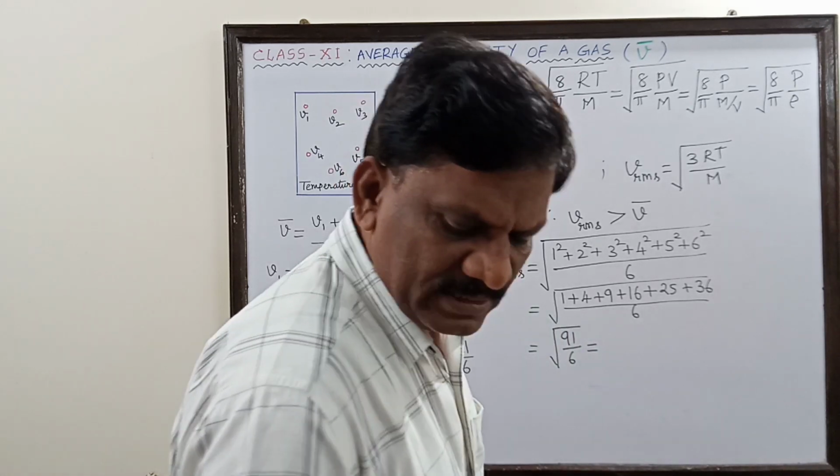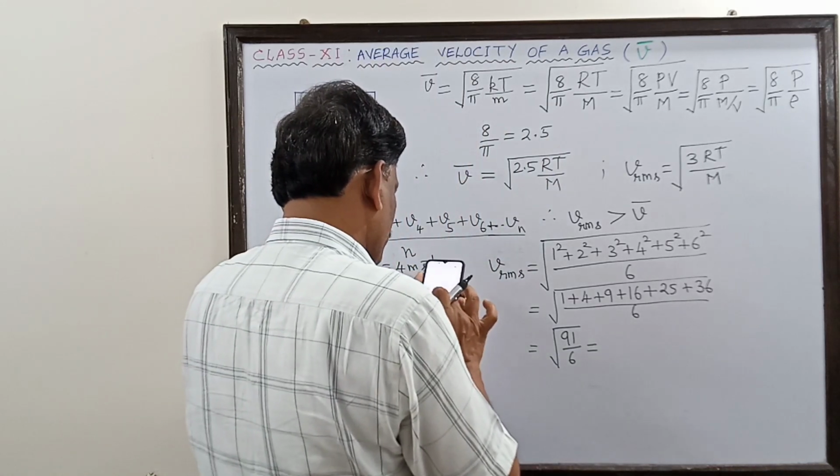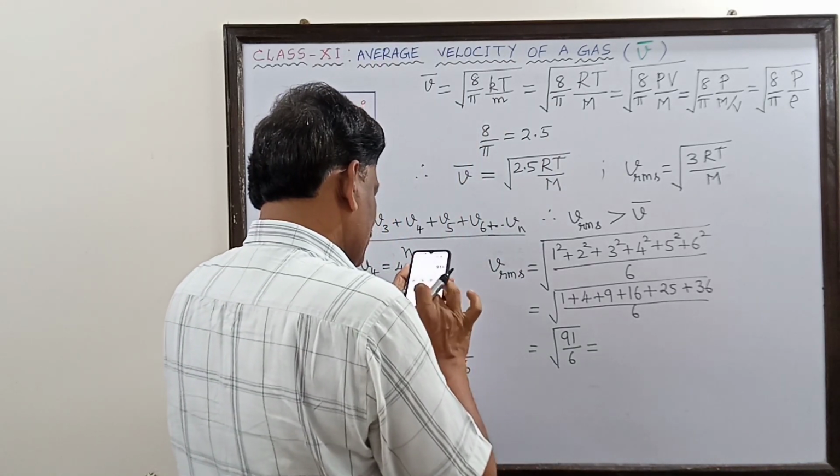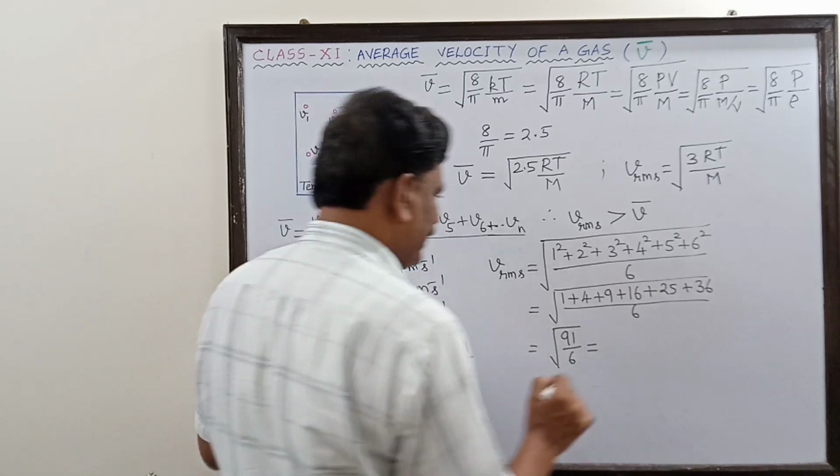If you use the calculator, 91 divided by 6 comes as 15.2.